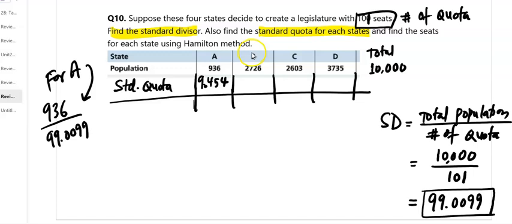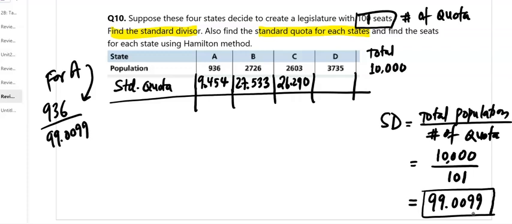Similarly, to find the standard quota for B, divide 2726 by 99.0099. You get 27.533. And if you divide 2603 by the standard divisor, you get 26.290.